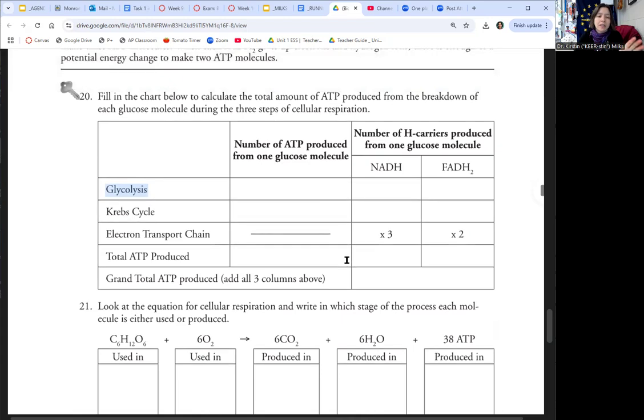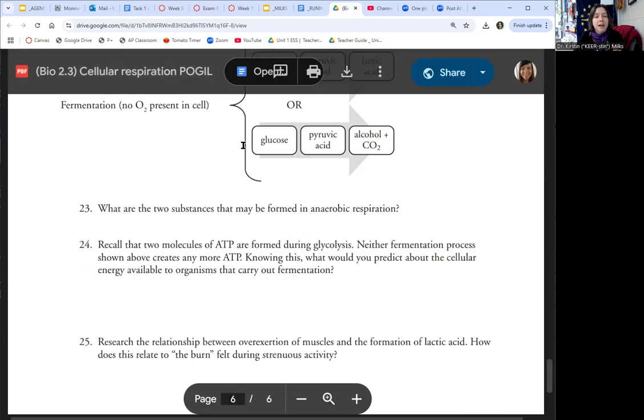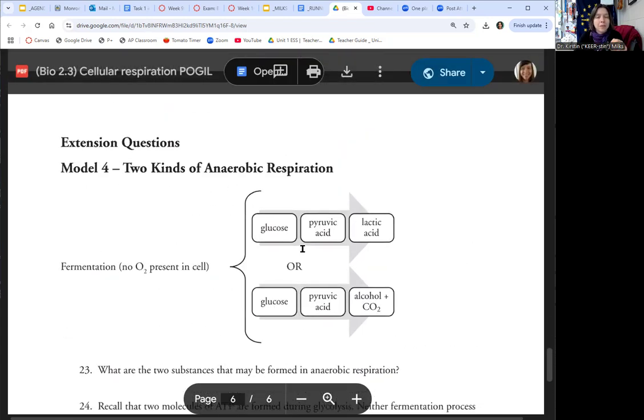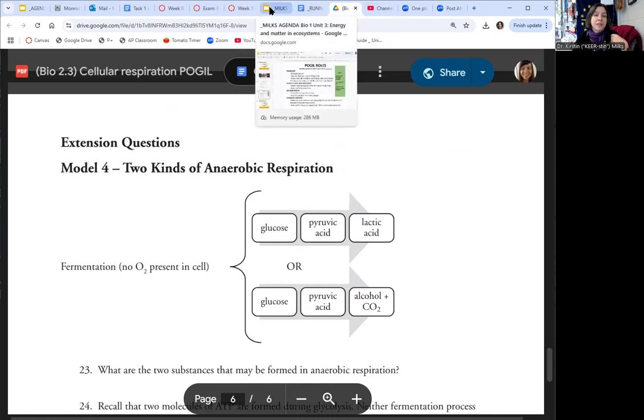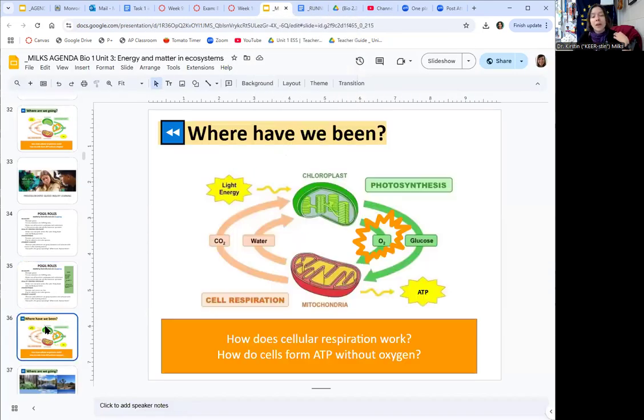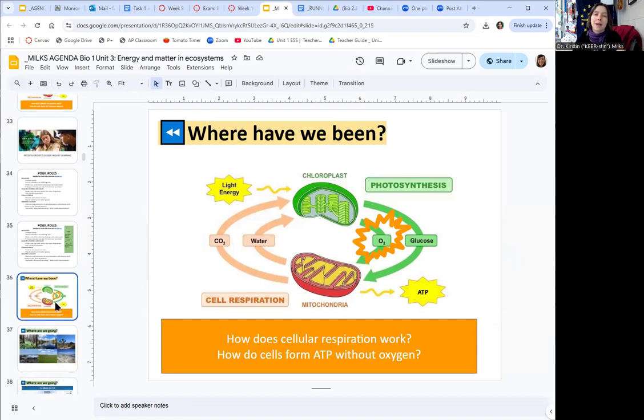Glycolysis is an always situation. And then you need glycolysis to do these parts. So now that you know that, if you still have questions, you can come and see me. But our big goal was thinking about how cellular respiration works and then how cells form ATP when they don't have oxygen. And the answer is they do glycolysis.